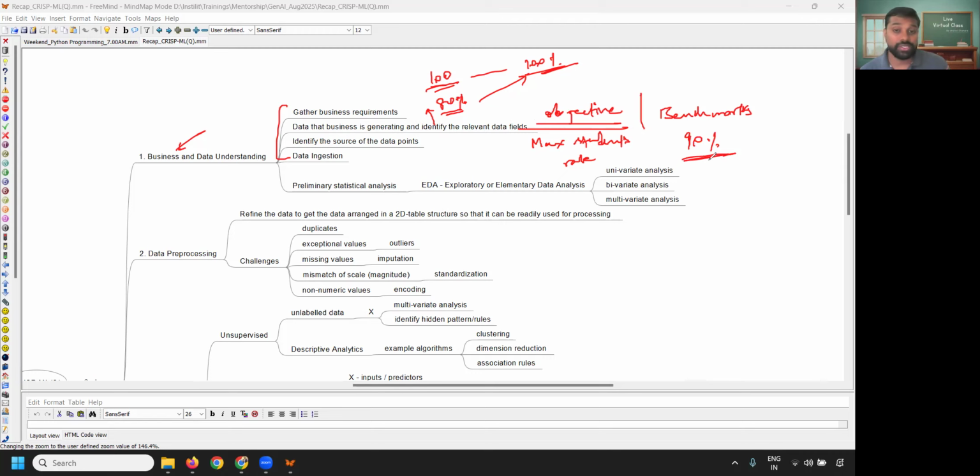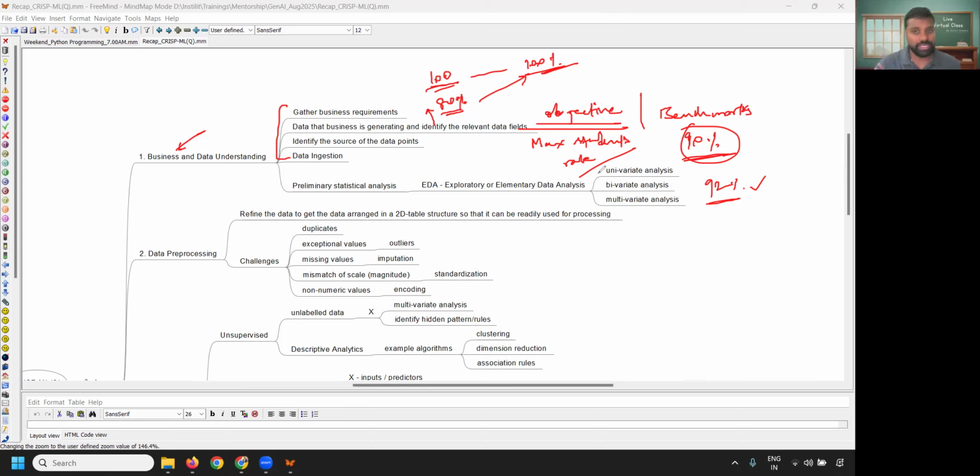So after implementing the strategies, if the success rate improves and out of 100 students, let's say 92 are passed, then I have achieved my set goal, because my goal is to reach at least 90% success rate.